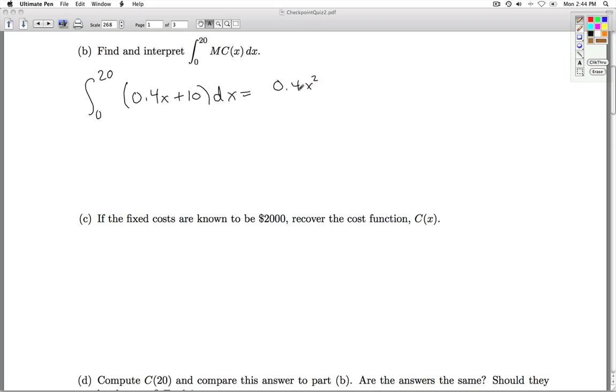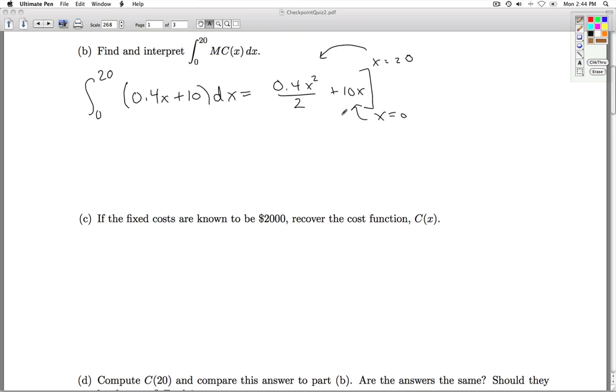So, as we did in class, x equals 0, x equals 20. So the antiderivative of 0.4x, 0.4x squared over 2. The antiderivative of 10, 10x. I toss in the upper limit of integration.